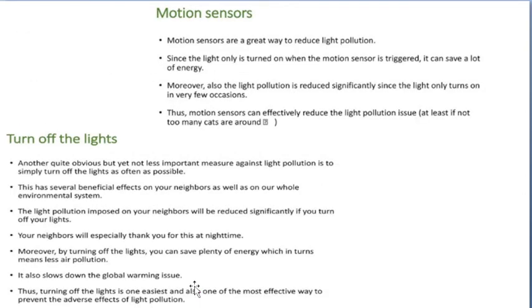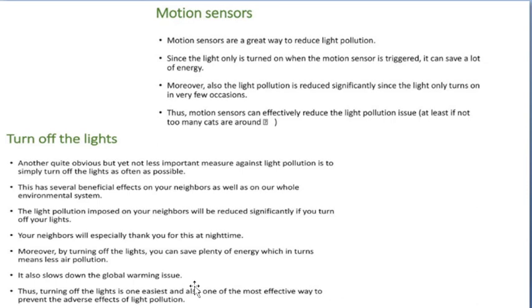Okay, then motion sensors, then turn off the lights. So motion sensors are a great way to reduce light pollution. Since the light is only turned on when the motion sensor is triggered, it can save a lot of energy. Okay, then turn off the lights is the simplest way how we can eradicate this light pollution.